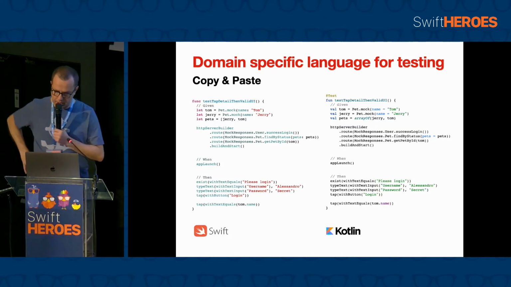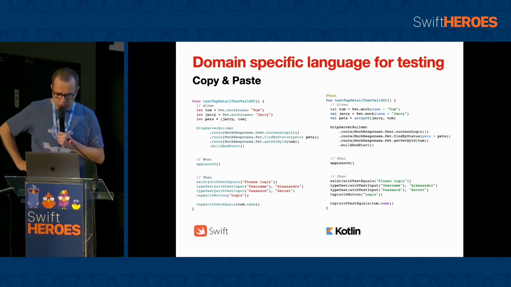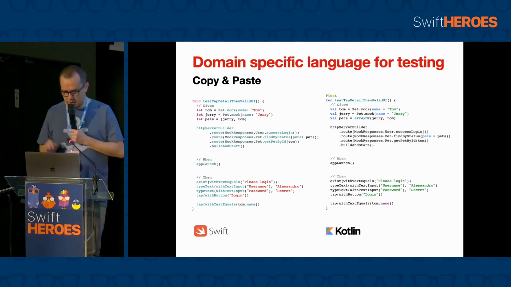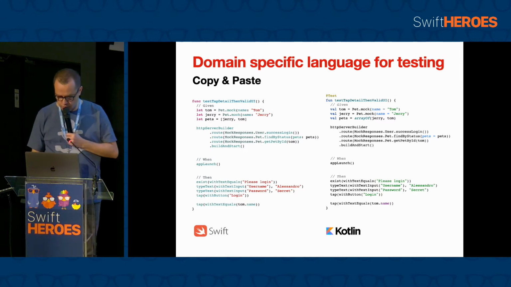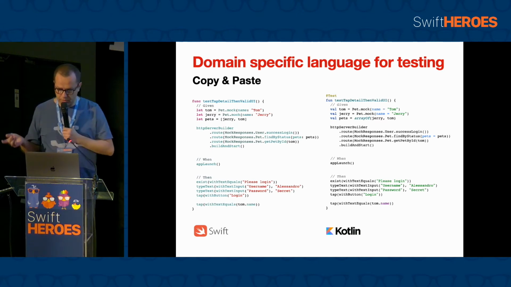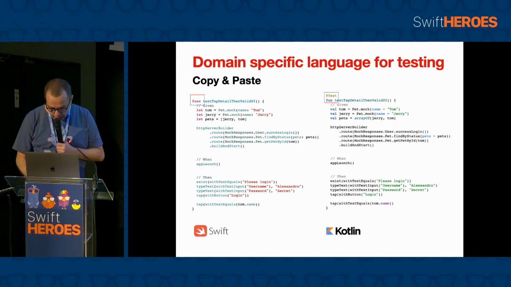Here we have an example. This is a test, and you can see it's equal. We have just little differences due to the difference of the programming language. And now I will underline these differences.